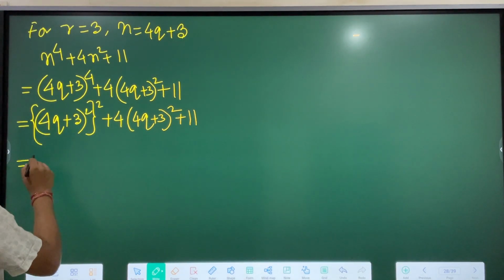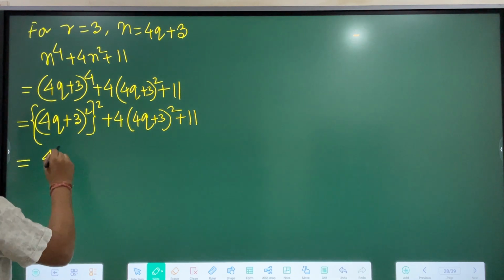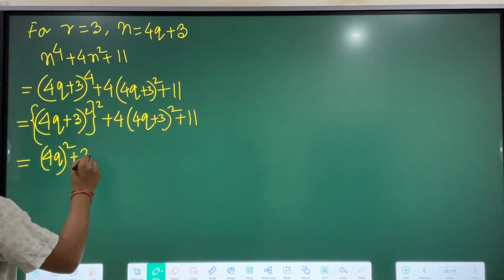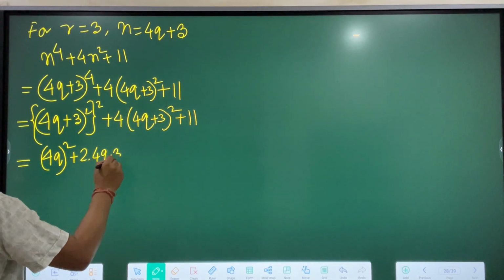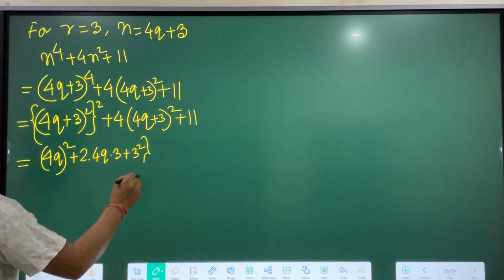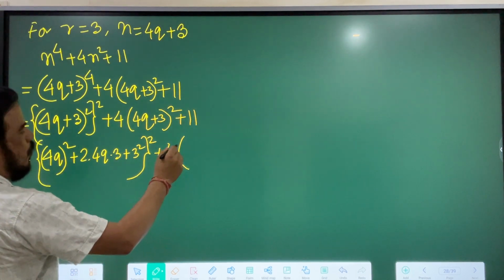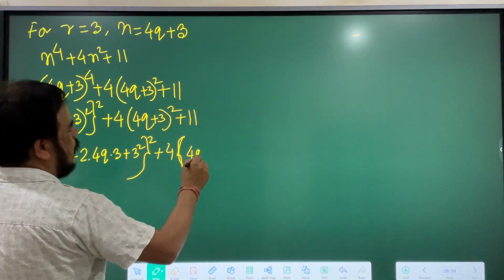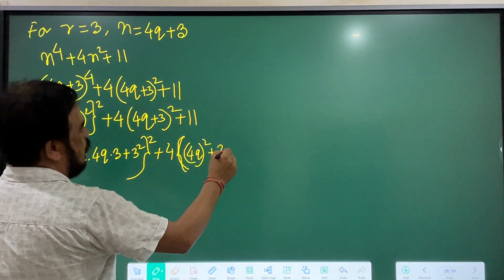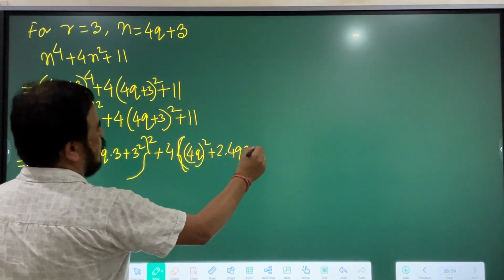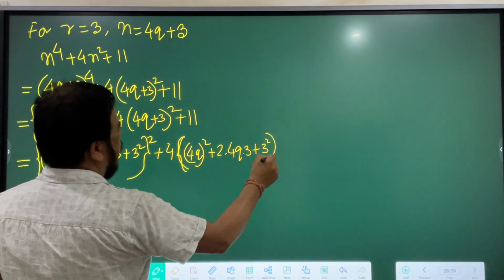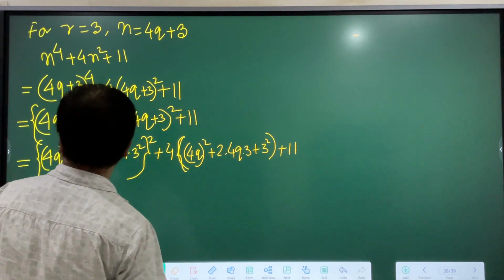Okay, one line you can write: (4q) whole square, 2 into 4q into 3, plus 3 square, again whole square, 4 into (4q) whole square, 2 into 4q into 3, plus 3 square, plus 11.